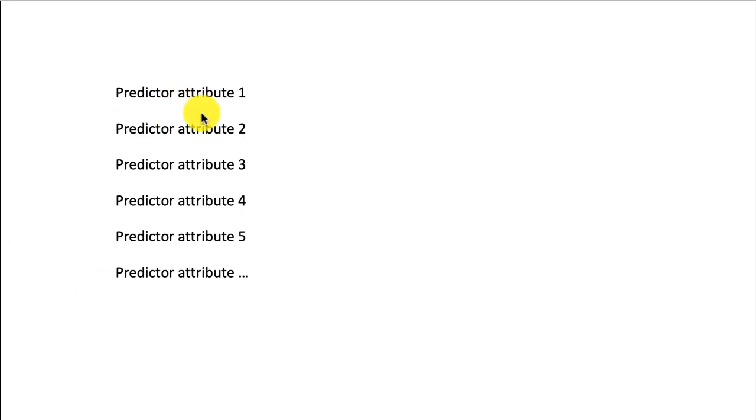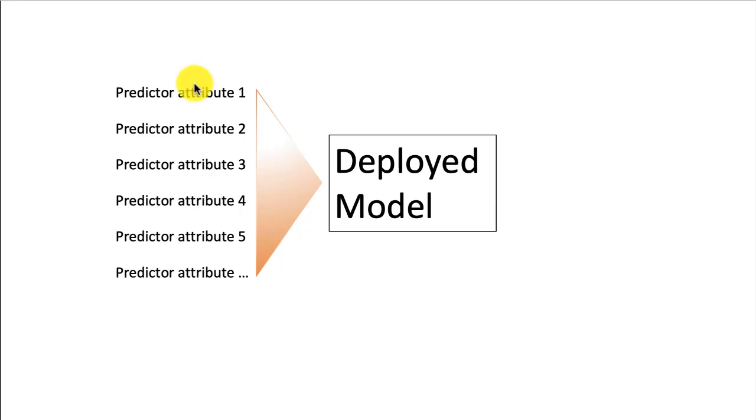For now, we've got a bunch of predictor attributes, and what we do is run the values of these predictor attributes through the deployed model, and the deployed model is going to give us a prediction. For example, this may be information about a person, and the model may tell us whether this person is going to be a buyer or non-buyer.